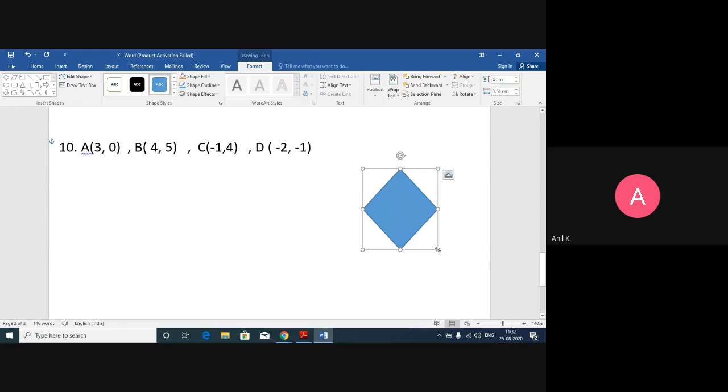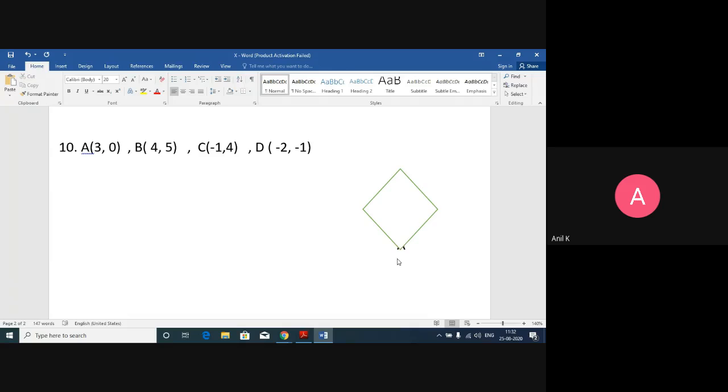This is the rhombus. If I know the diagonal lengths, I take this as A, here it is B, here it is C, and I'll take this as D. ABCD is a rhombus taken in order.